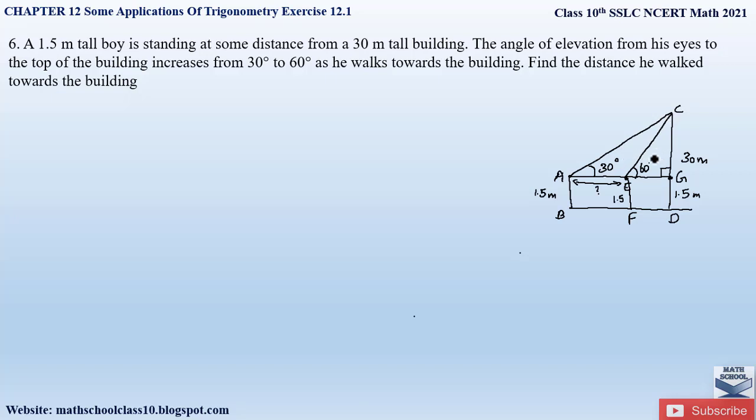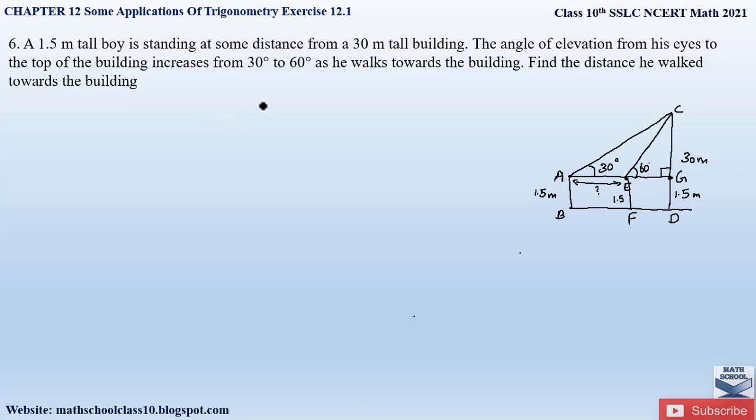Now in these two right angle triangles, we know one of the sides, that is CG, which is common for both the triangles, and we know the acute angle. So therefore we can find out this side AG in triangle CAG, and we can find out EG in triangle CEG. So when we find out AG and EG, then we can subtract to find out this distance AE, right?